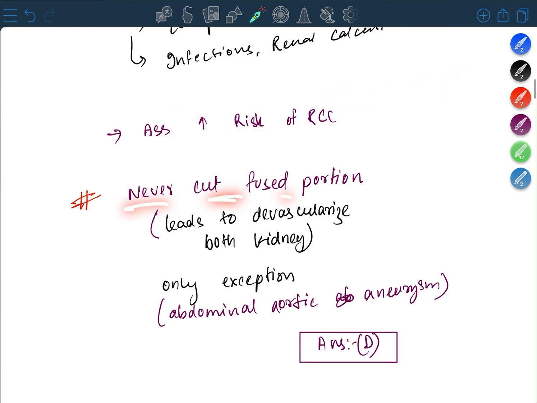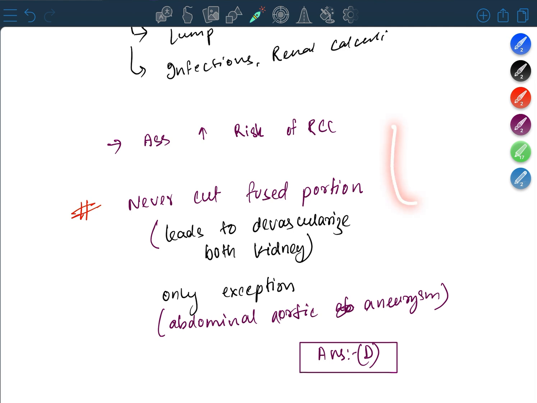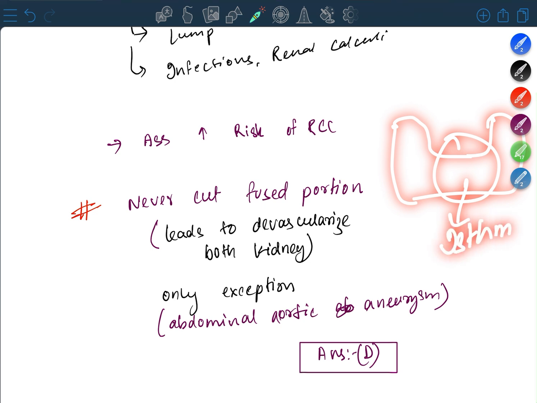Never cut the fused portion or the isthmus. Leads to devascularization of both kidneys. Only exception is abdominal aortic aneurysm. See, this is a very important point. This is the kidney fused, and this portion is known as isthmus. Okay, so a surgeon must never cut this. If we cut this, then we might devascularize this.